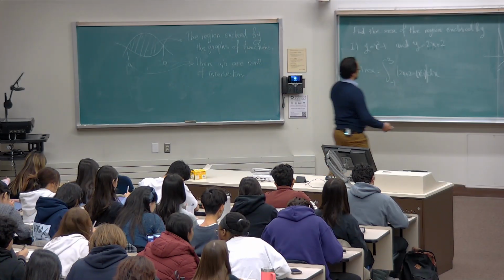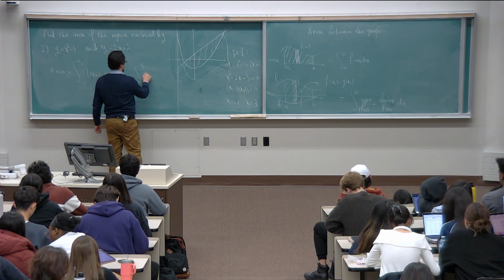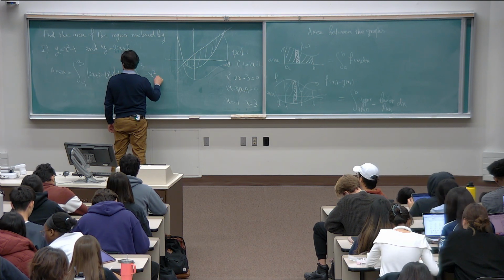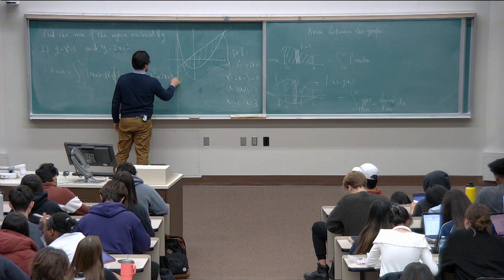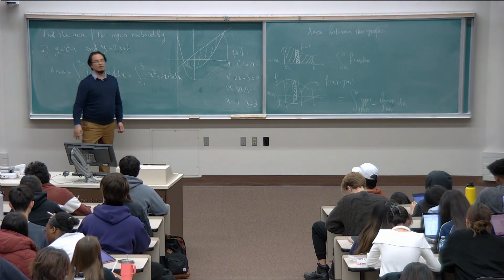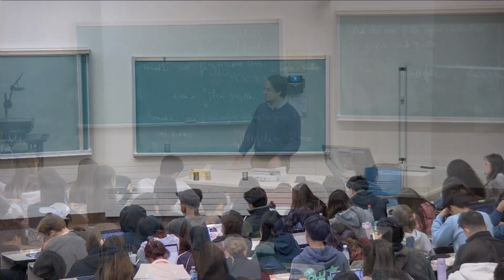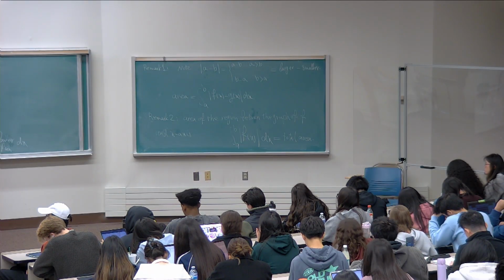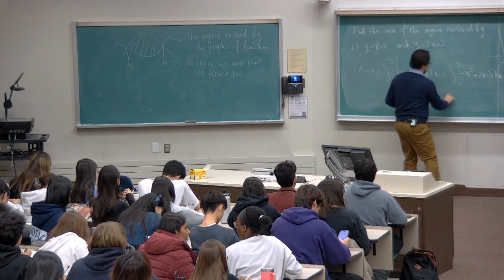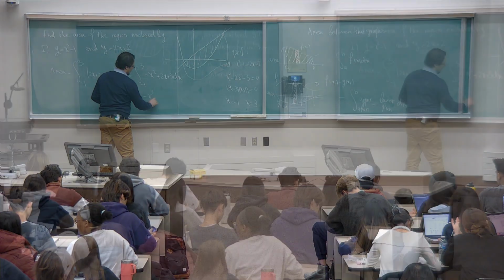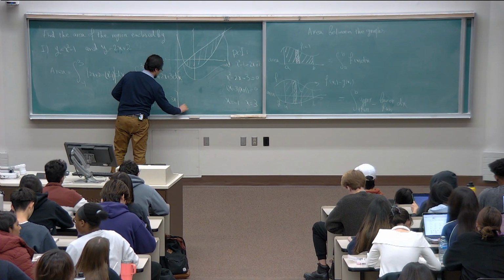Well, I already mentioned that the upper one is 2x plus 2, so we will get minus x squared plus 2x plus 3 dx. When I want to evaluate that, I have to get rid of the absolute value. In other words, I have to figure out which one is the upper one, which one is the lower one. And this will give me minus x cubed over 3 plus x squared plus 3x, going from negative 1 to 3.